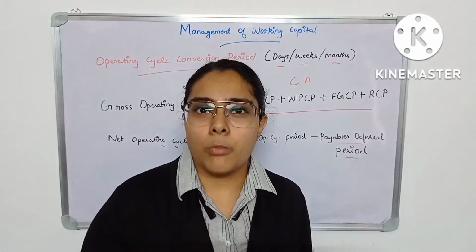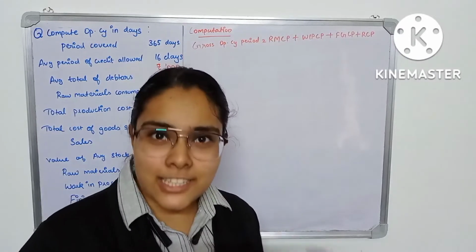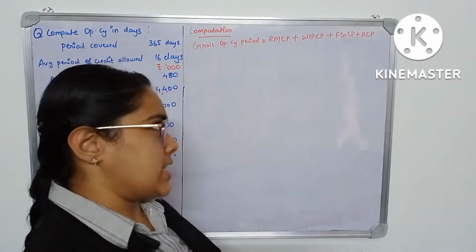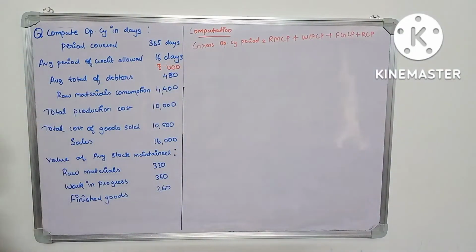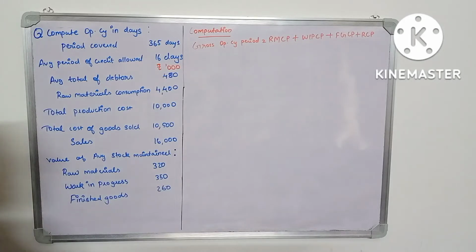Now let us do a problem in relation to operating cycle conversion period. Here is the question that we are going to discuss. Compute operating cycle in days. Period covered 365 days. Average period of credit allowed 16 days. Average total of debtors, all these amounts are given in thousands, is rupees 480.